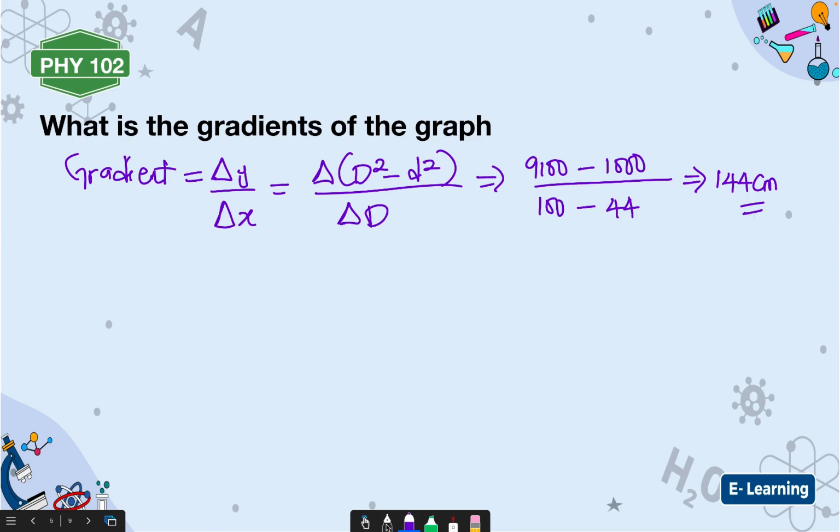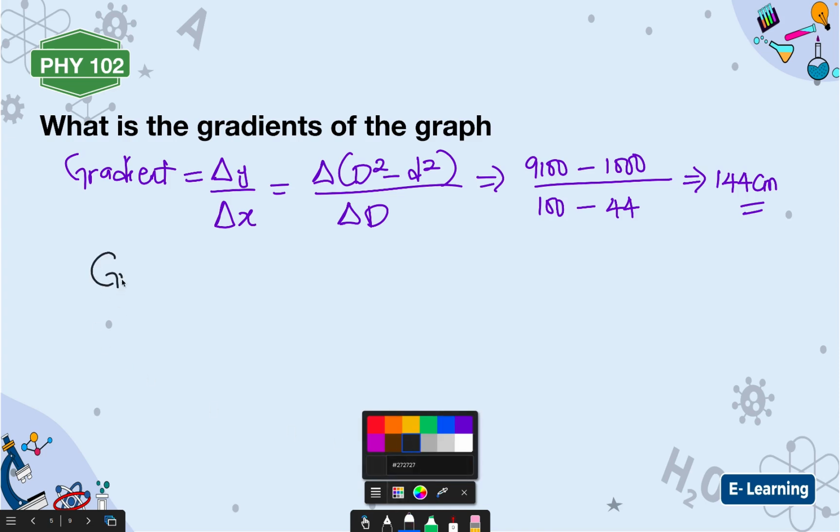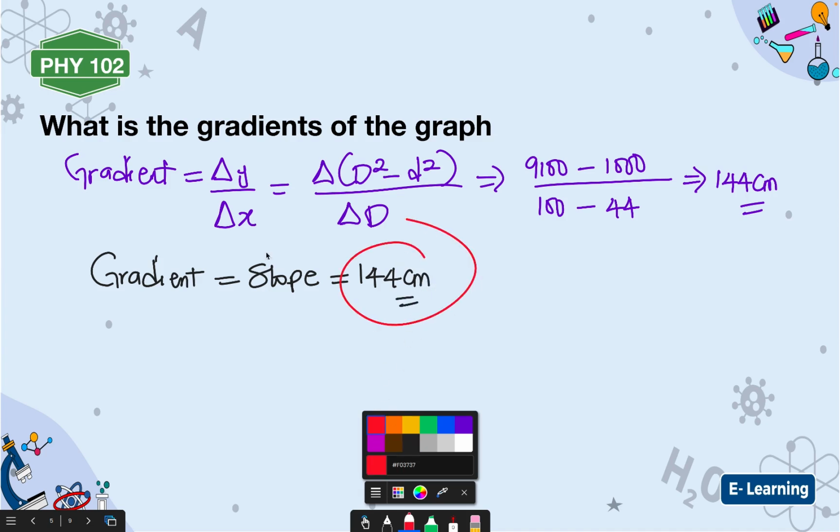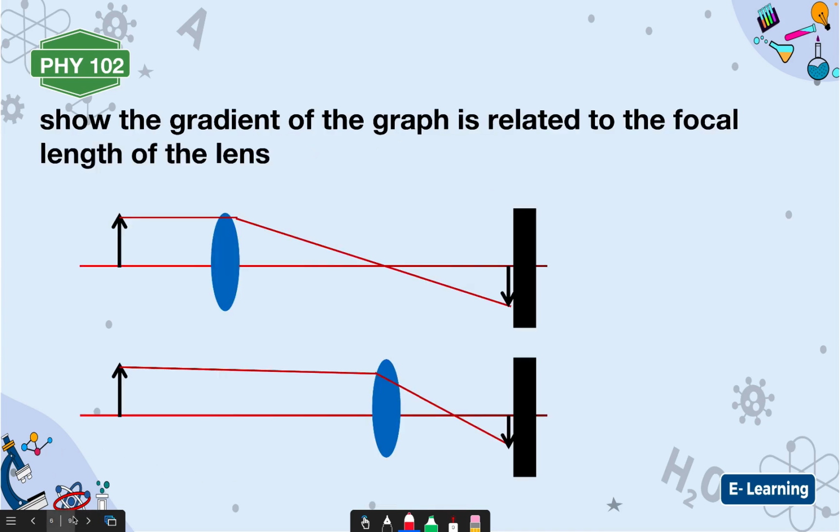So this is our gradient. We can say our gradient, which is still the same thing as the slope, is 144 centimeter.